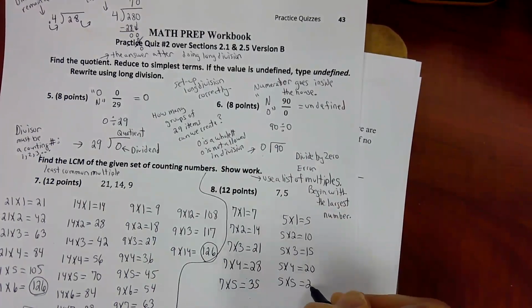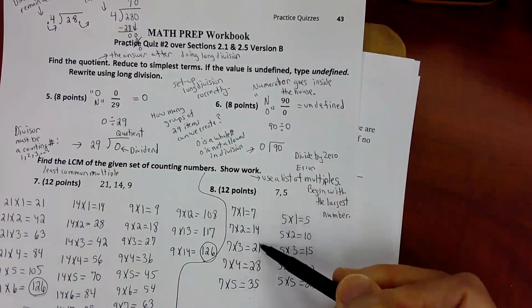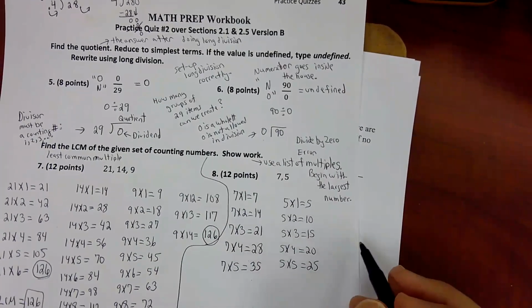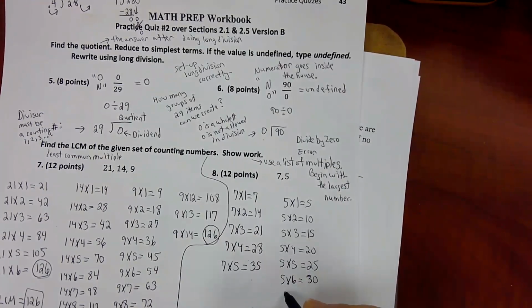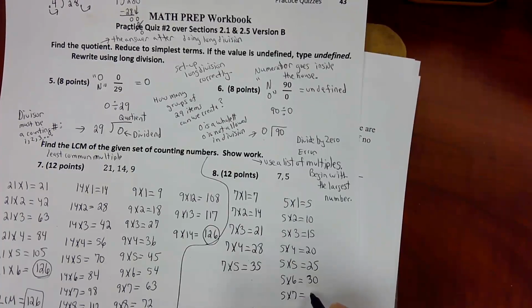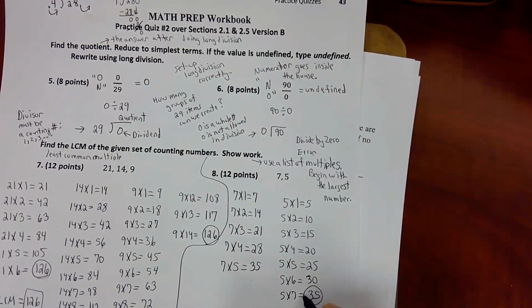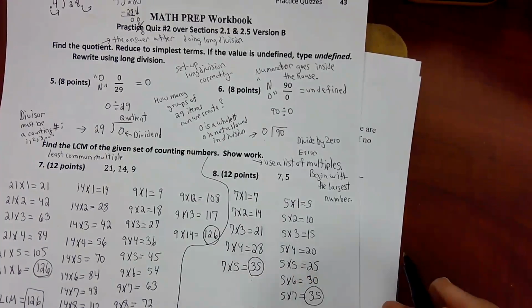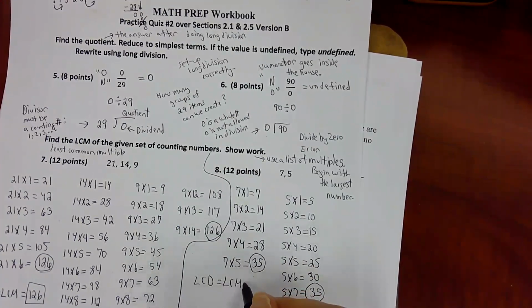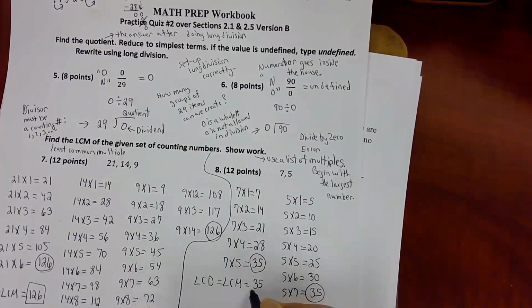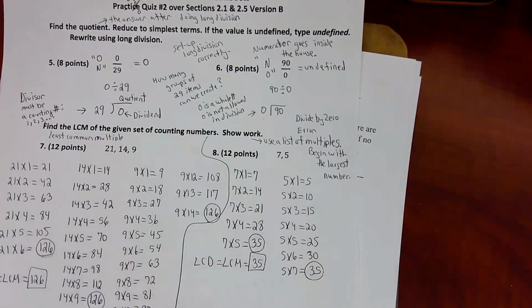Remember, you're looking for a match, the first time they match. 5 times 6 is 30. 5 times 7 is 35. And see, that's the first time that these will match. And so the LCD is equal to the LCM, which would be 35 here.